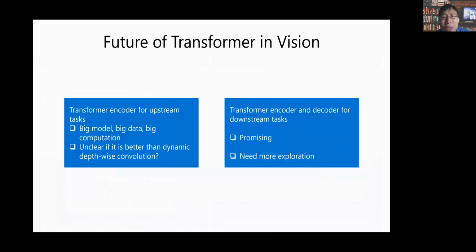So here we want to discuss something about transformers for computer vision. We think transformers for downstream tasks like segmentation and detection might be more promising, and we need more exploration. For upstream tasks, for example image classification, we still need more study to see whether this kind of attention is better than dynamic depth-wise convolution.